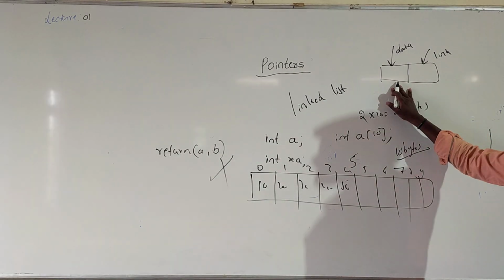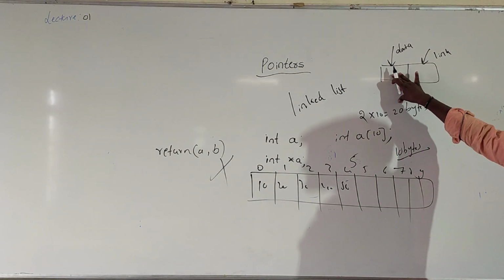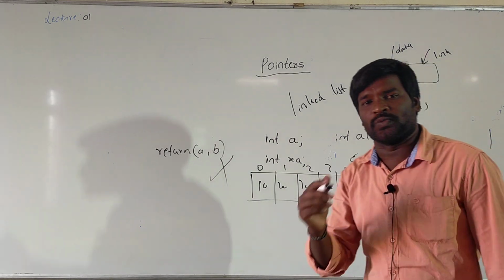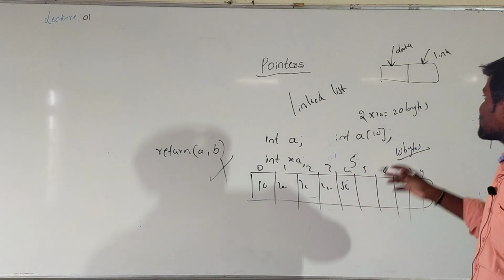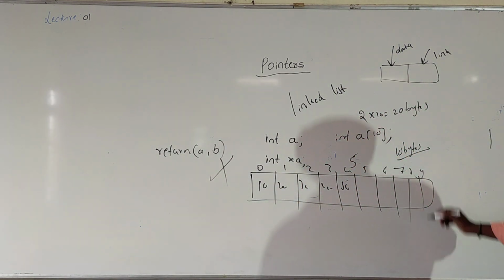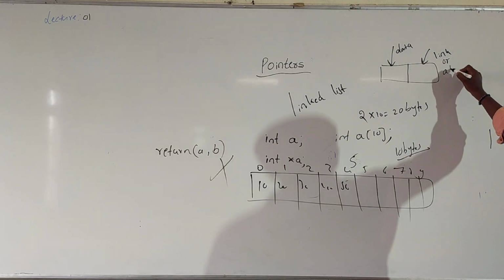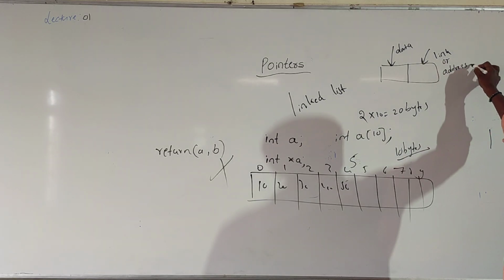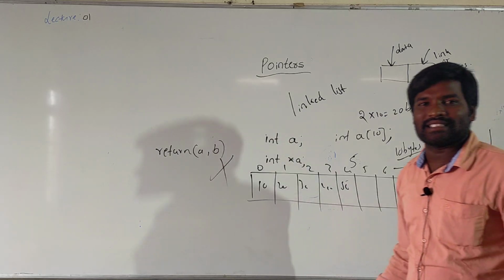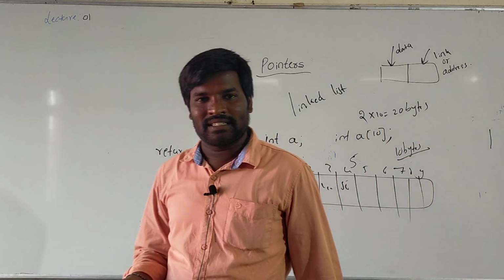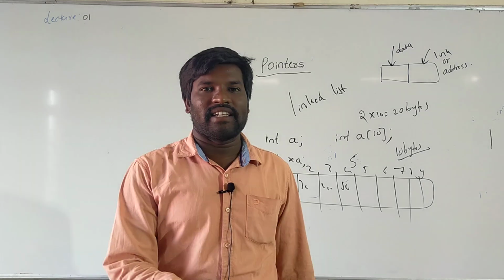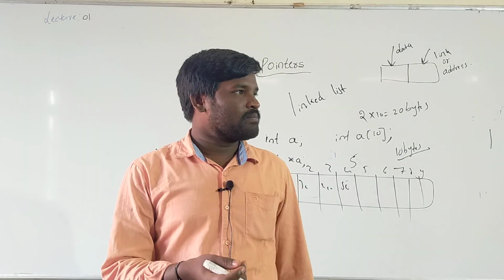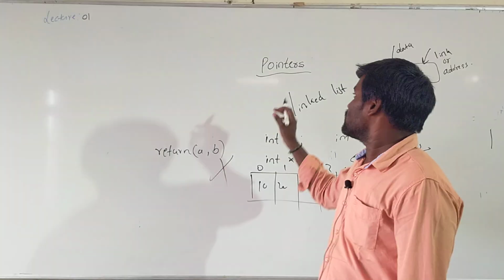A node is nothing but a rectangular box. It consists of two parts: the first part is the data part, the second part is the linking part. A node consists of two fields, the first one is data, the second one is link, that is, the address. If you want to implement data structures like a linked list or a tree, again we have to use pointers.